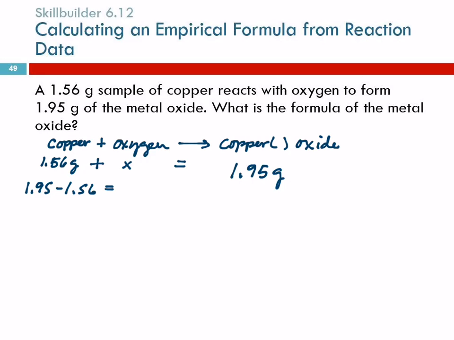Well, I can't even do that right. I ended up with minus 154. That's not possible. I missed a decimal point. 0.39. So it has to be reacting with 0.39 grams of oxygen.